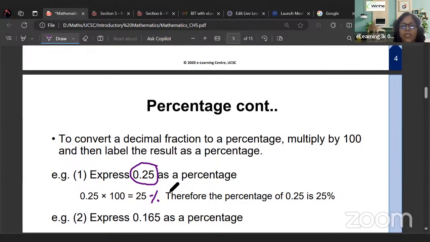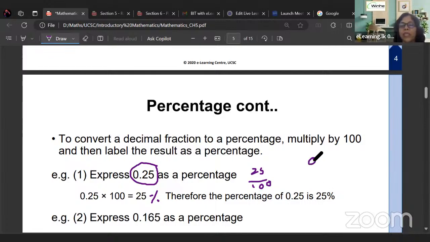Or else you can say 0.25 means 25 divided by 100. So 25 over 100 is what we show as 0.25.